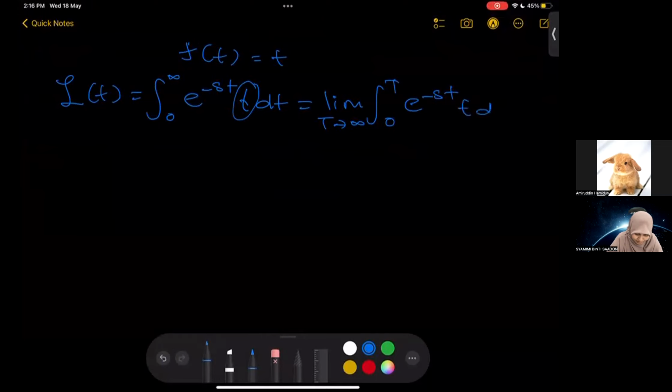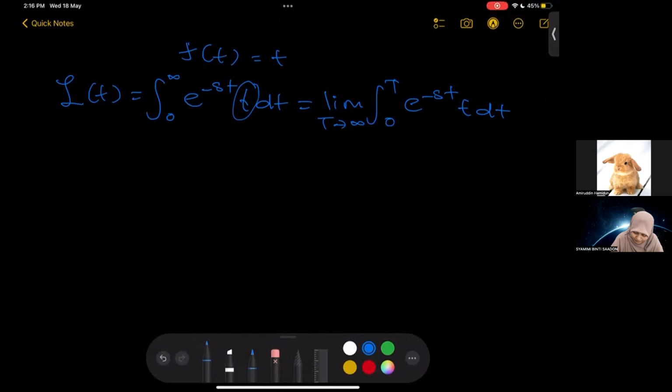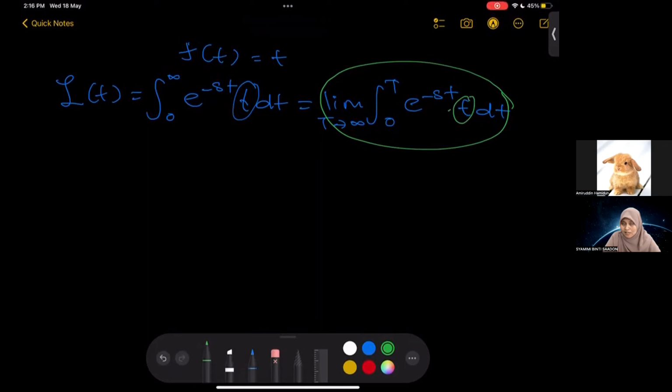Here, how do we integrate this type of function? It is not the same as the previous example, because here t is a variable, not a constant like the constant c. That means we have two functions of the variable here, so we cannot do it like previously.